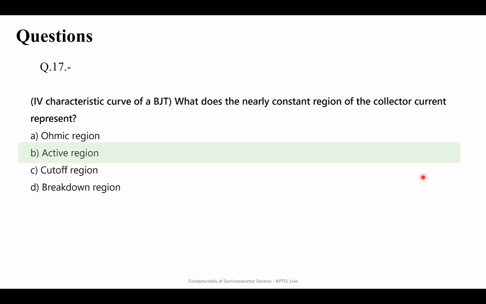So the answer would be active region. So in the active region, the collector current is constant. It does not depend on the collector voltage.